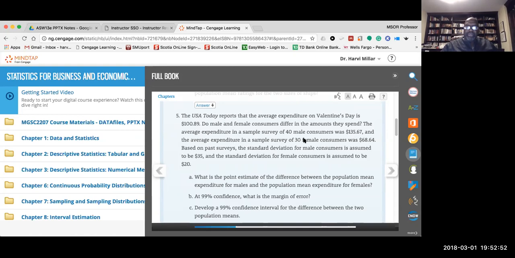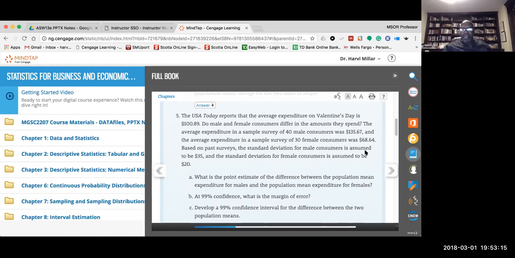The average expenditure for females, 30 of them, was $68.64. Now it says here, based on past surveys. They're basically talking about the population, even though they've done surveys, but that alludes to the fact that we've accepted those as the population values.